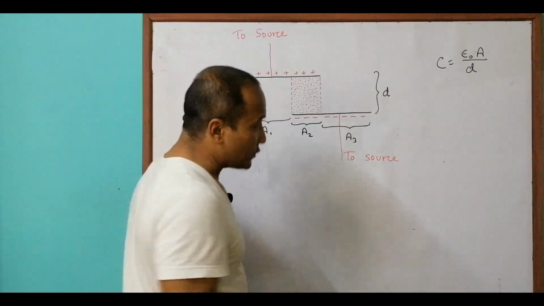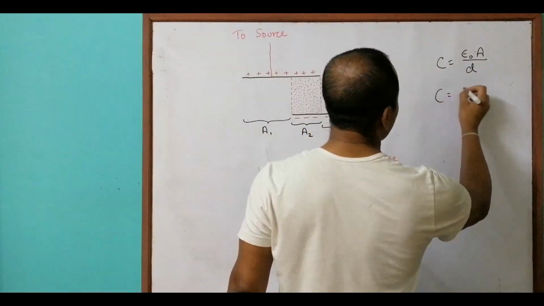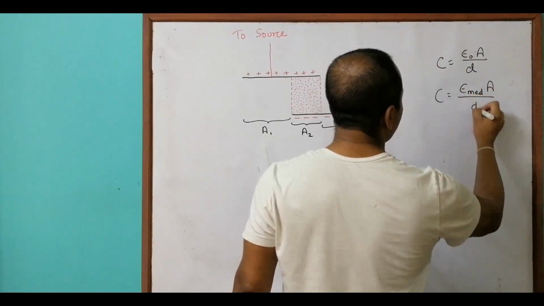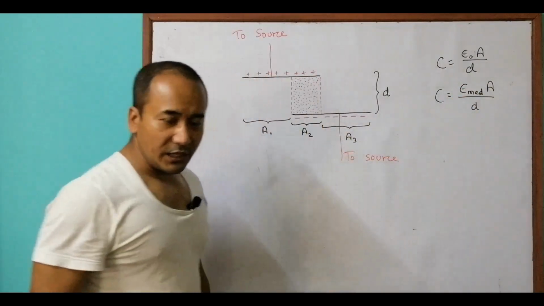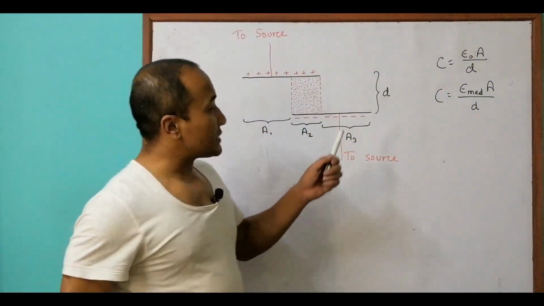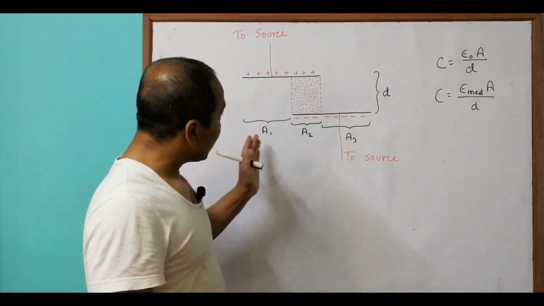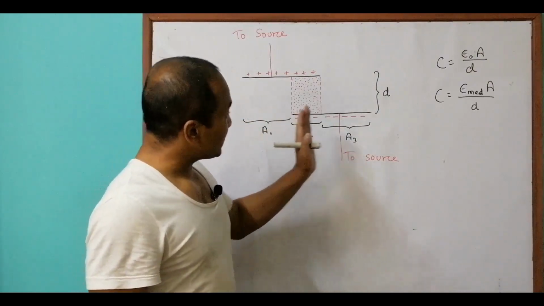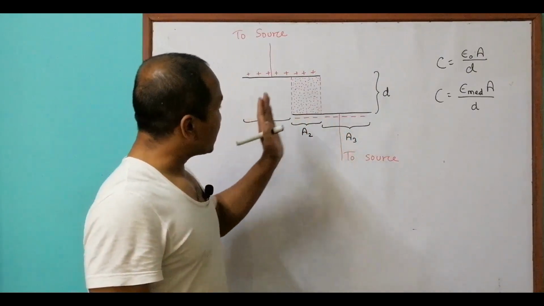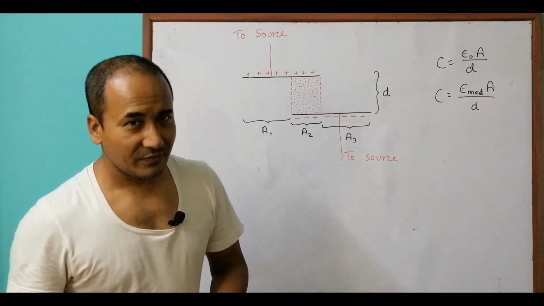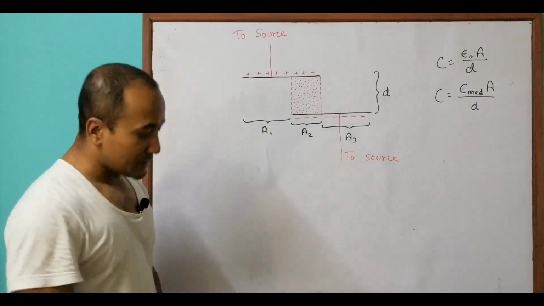If it is not vacuum, then the expression will be C equal to epsilon of the medium A by D. So A is the area. Now, which area represents that A? Is it A1? Is it A2? Is it A3? Is it A1 plus A2? Is it A2 plus A3? Is it A1 plus A3, or is it A1 plus A2 plus A3? So we have multiple choices here.